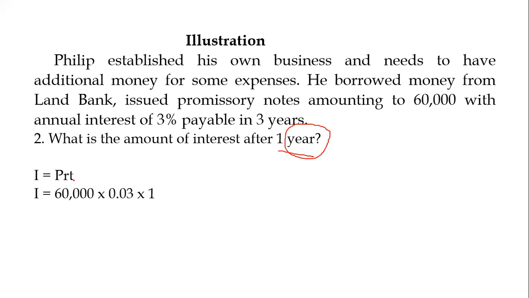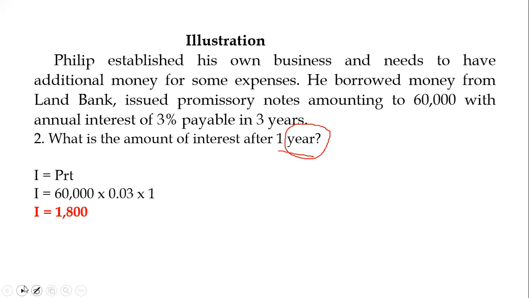Yung kanina kasi month, kaya nagkaroon tayo ng 1/12. But this time year ang hinahanap, so 1. Ita-times natin sa 1. Okay? So ang magiging sagot ay 1,800. Meaning, mayroong 1,800 interest sa loob ng isang taon.